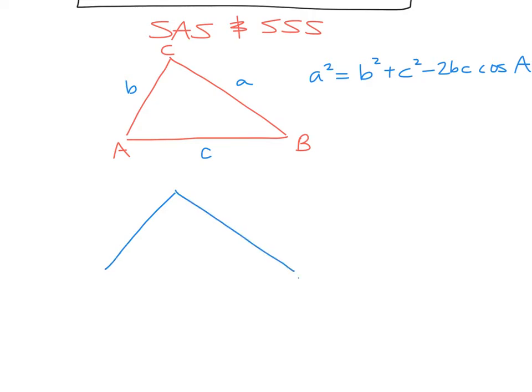Let's say we have a triangle. Well, let's make that dotted. So this is the height of the triangle, okay? It's perpendicular.